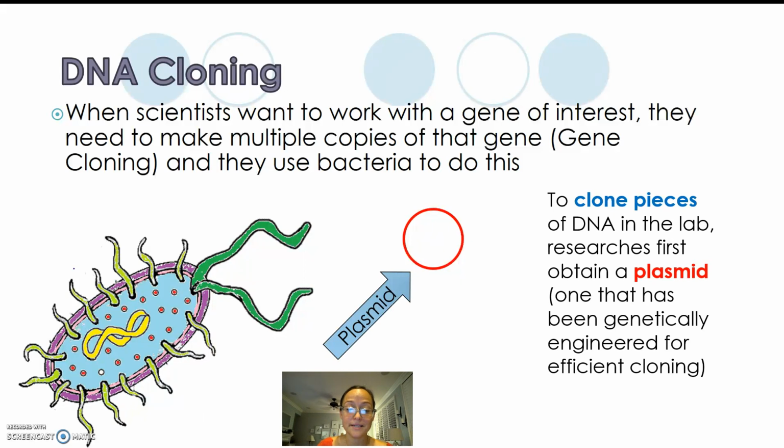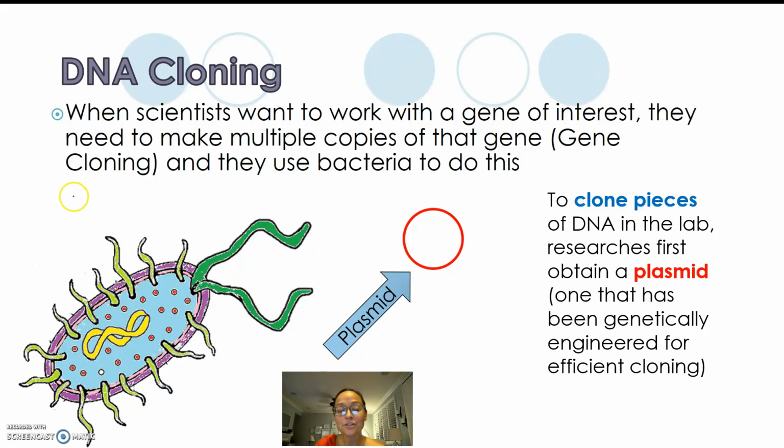To clone pieces of DNA in the lab, if I was a researcher and I wanted to work with insulin, I could take the gene that codes for insulin and insert it into a plasmid. And then I'd have that bacteria make copies for me of that gene.